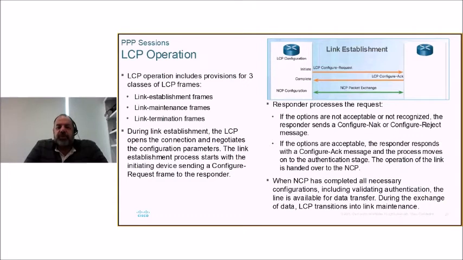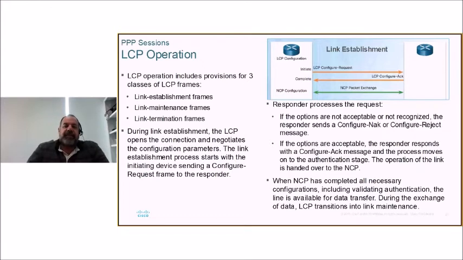And then the responder processes that request. If the options are not acceptable or not recognized, the responder sends a configure negative acknowledgement or configure reject message. If the options are acceptable, the responder responds with a configure acknowledgement message and the process moves onto the authentication stage. And then the operation of the link is handed over to the NCP.